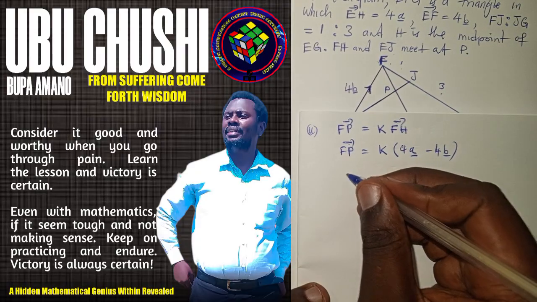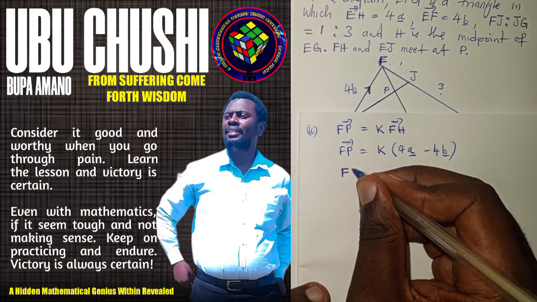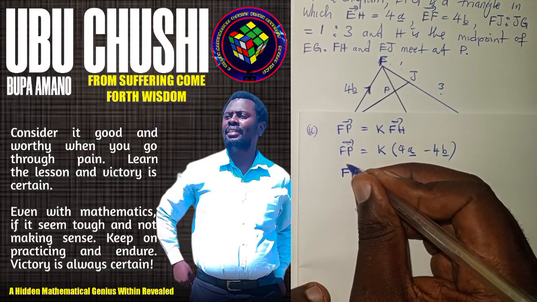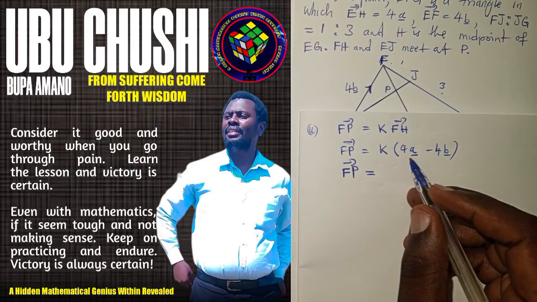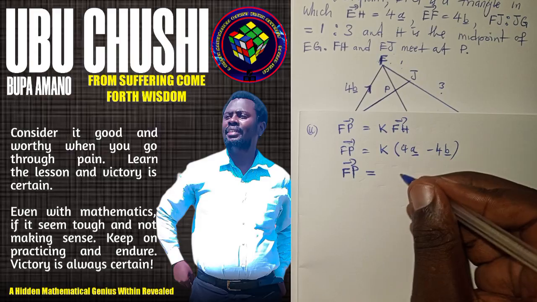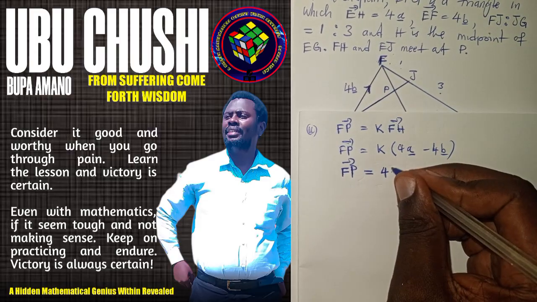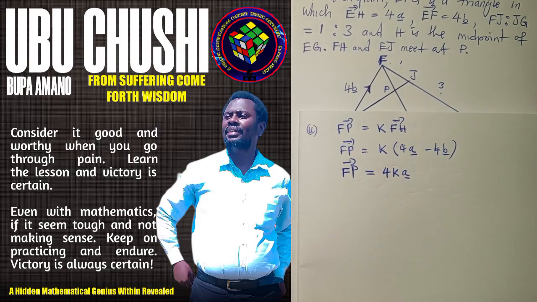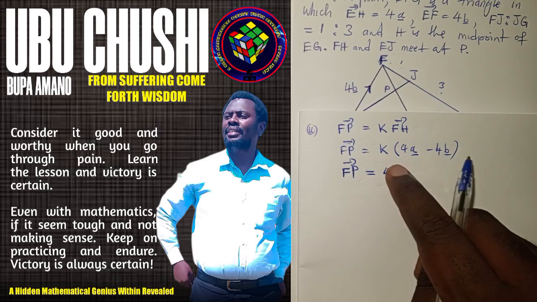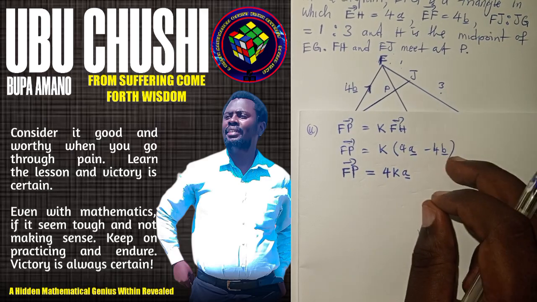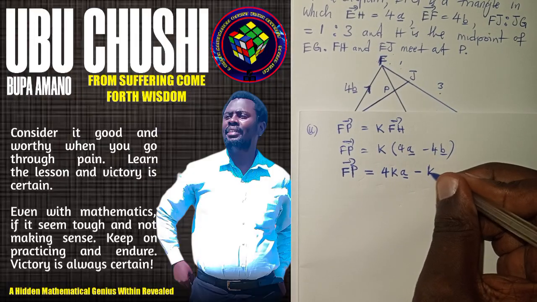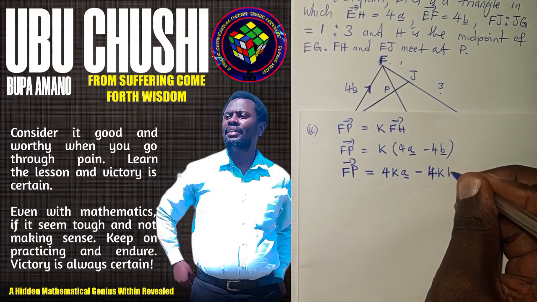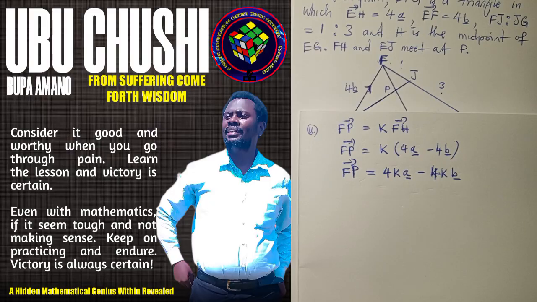Okay, so when we expand, FP is equal to, so k multiplied by 4 vector A, you get 4k vector A. K multiplied by 4 vector B, you get minus 4k vector B. Okay, so let's skip that one.